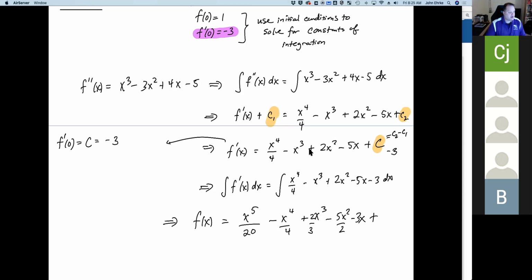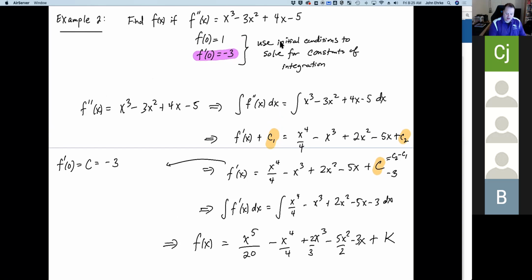Plus another constant. Now, you can call this plus C if you like. I tend to not do that when I work problems because I don't want to confuse it with the C that we had here. So I would say something like, plus K. I use K a lot for constants. So you've got another constant of integration that shows up here.